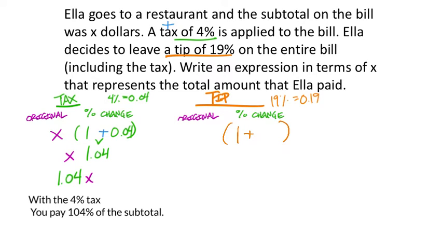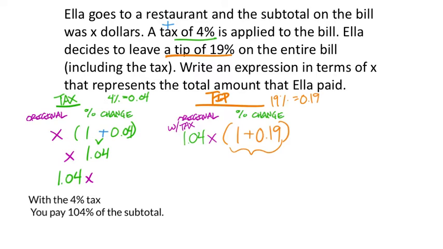So we're going to add 0.19. But the original, here we got to go back to, this is the original with tax. Okay, so that's the total with tax, which we see there just to the left is 1.04 times the X.